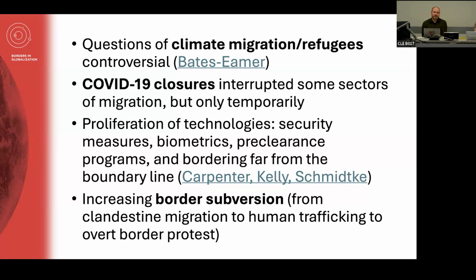And states, for security reasons, are conducting checks of passengers who are destined to arrive at a particular country. They're questioning travelers at the point of departure in the departure country, far from where the actual border is. So technology is allowing for the process of bordering to be spread out in time and space.